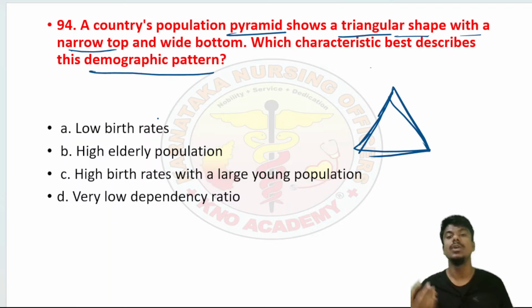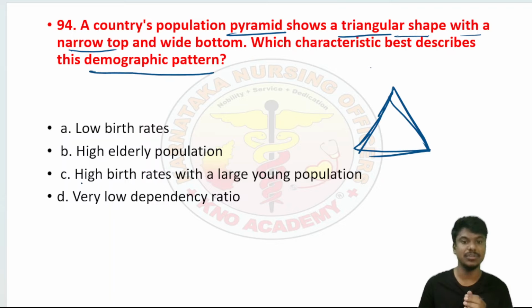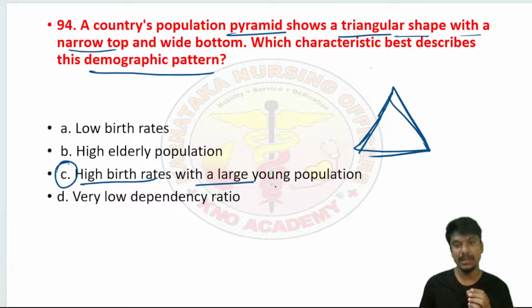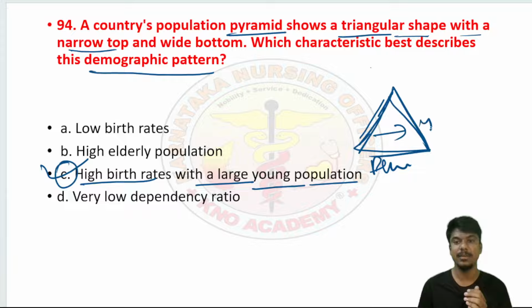They are asking what this pyramid looks like. Option B is low birth rate, option C is a high elderly population, and the high birth rate with a larger young population is what it indicates. High birth rate at the base and a constant younger population will be your population pyramid in demography.